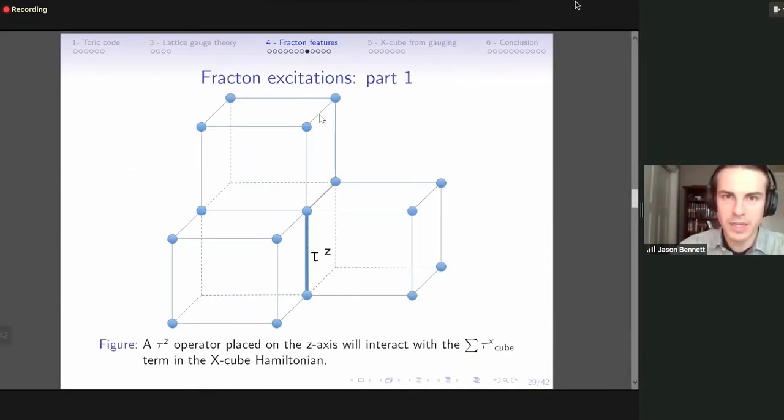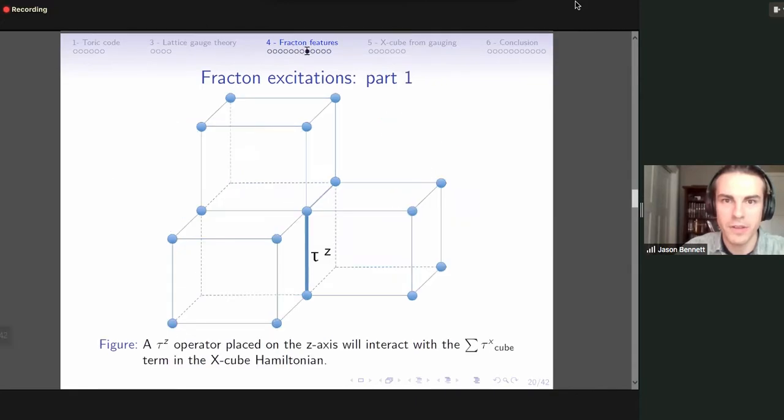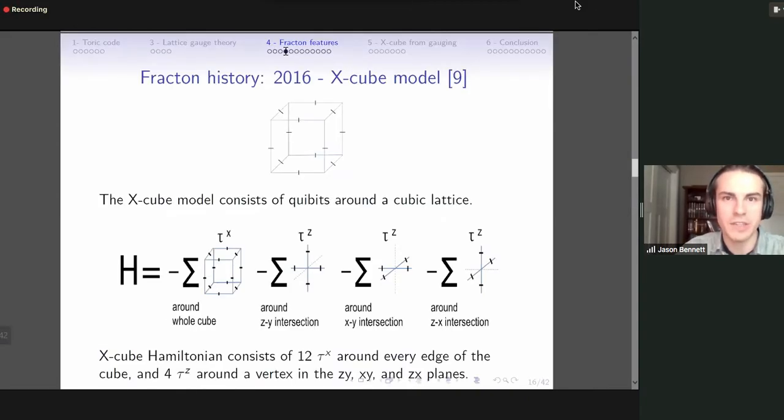So at first, let me give you a 3D picture before I move into this top-down formalism I made for this. Envision putting a tau z along one of the edges. If we go back to our Hamiltonian, we see that what's going to interact with this is just this cube right here.